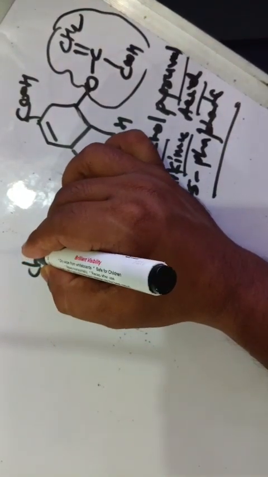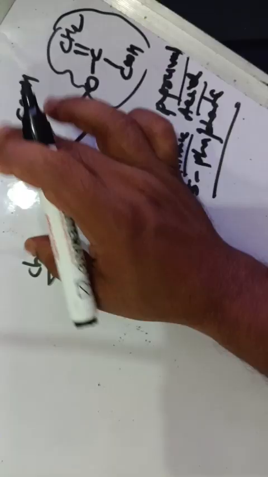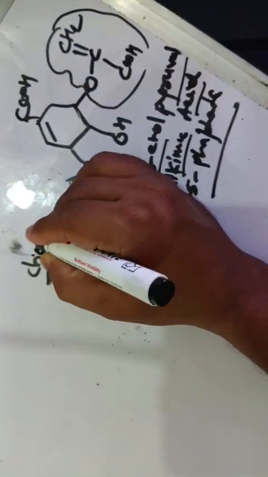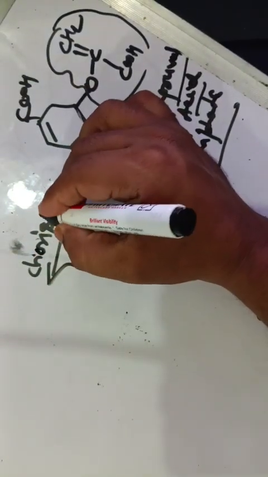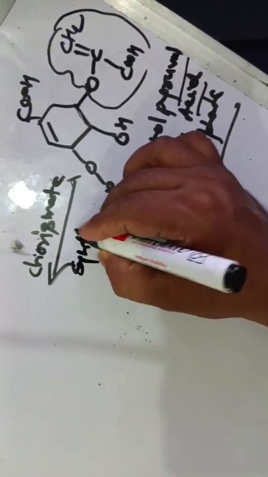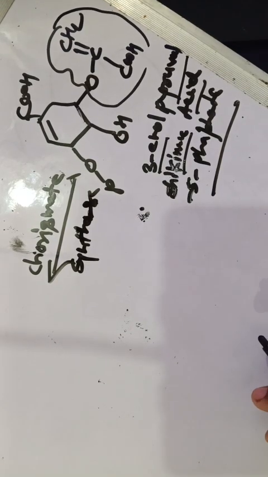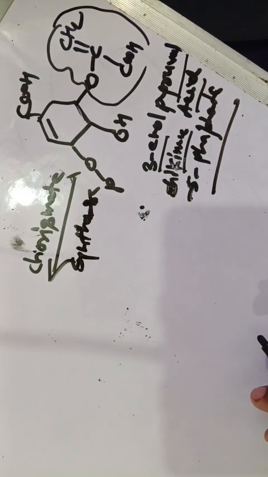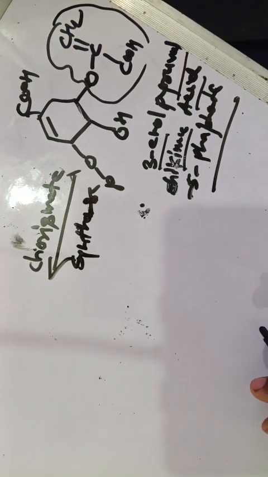Chorismate synthase is the enzyme which is used on 3-enol pyruvyl shikimic acid 5-phosphate.